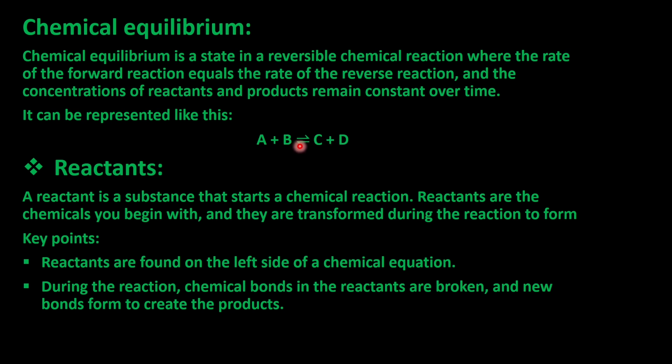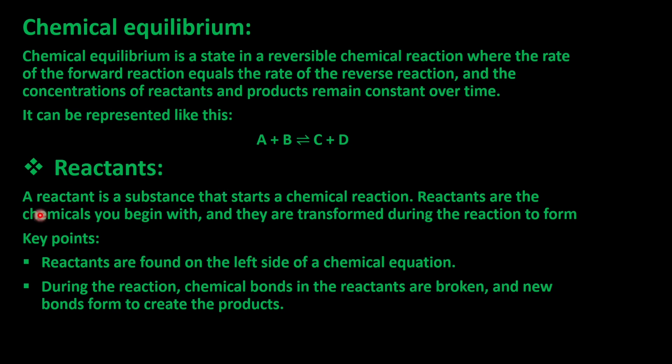The double arrow means this is a reversible reaction, which means the reaction takes place in both directions, in the forward direction and the backward direction. So chemical equilibrium is basically a state where the rate of forward reaction is equal to the rate of reverse reaction.